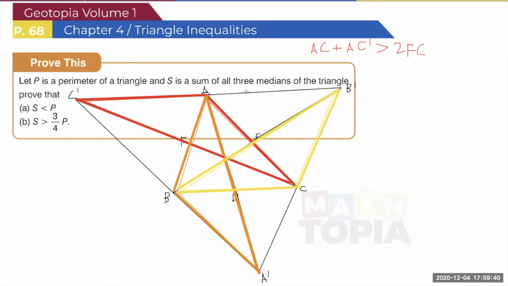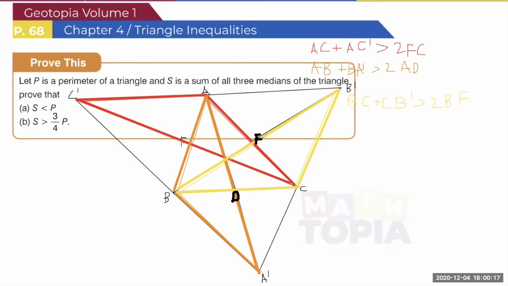Now for the next one, the orange triangle, we have that AB plus BA prime is greater than AA prime, which is really 2 times AD. And the final one shows that BC plus CB prime is greater than BB prime, which is actually equal to 2 times BF.